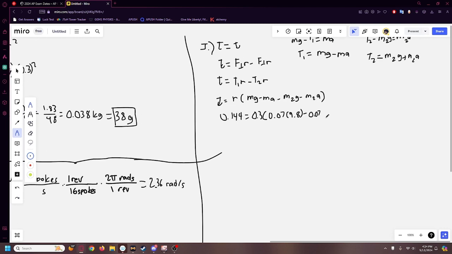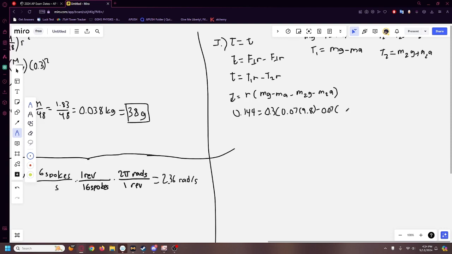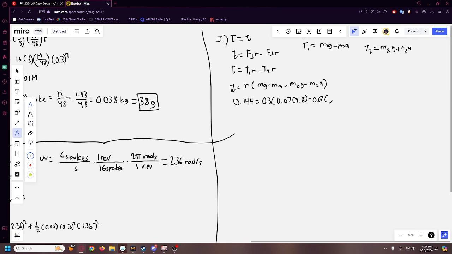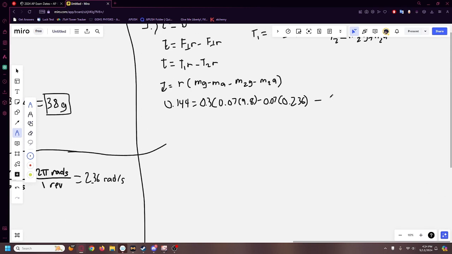A is the same as 0.236. Minus 9.8 m2 minus 0.236 m2.